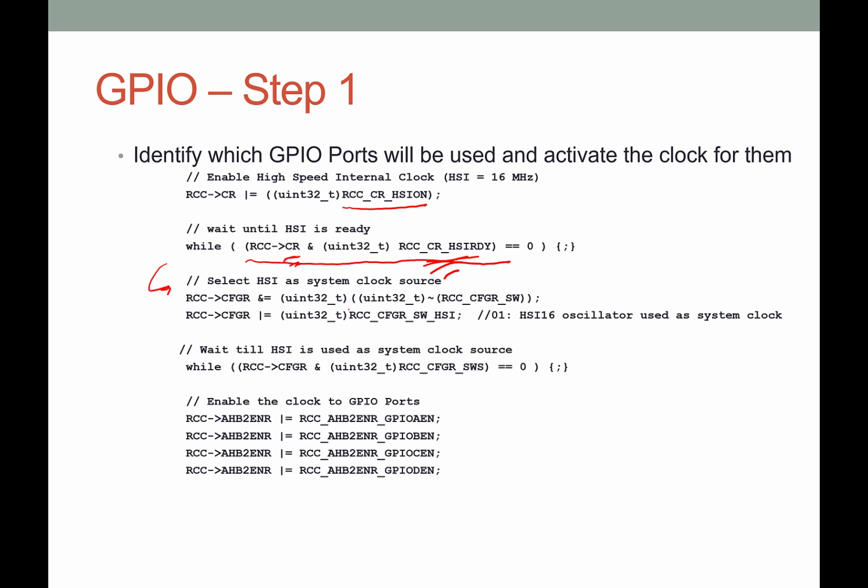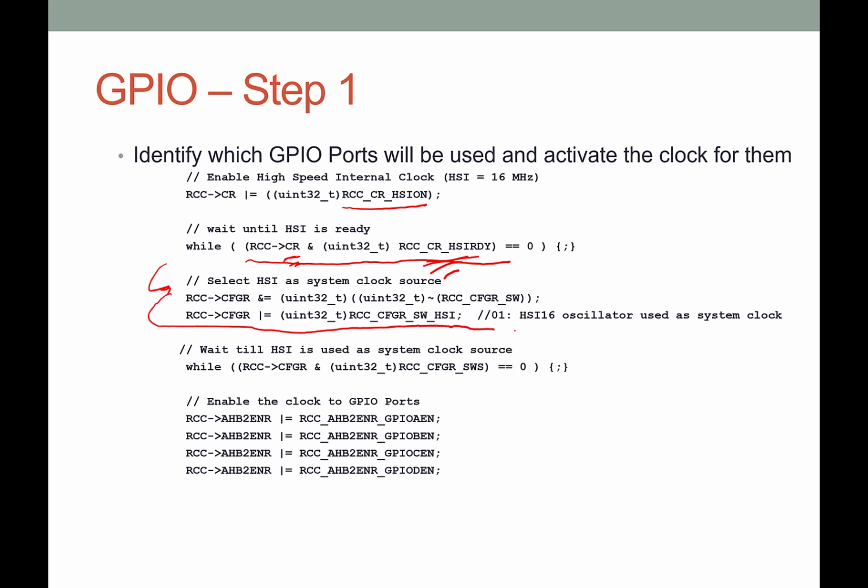And then, okay, now we're going to use the software configuration of the high-speed internal clock to be used as the system clock. So that's what's going on right here.